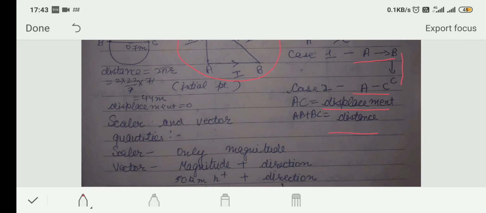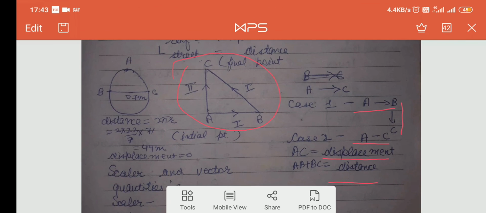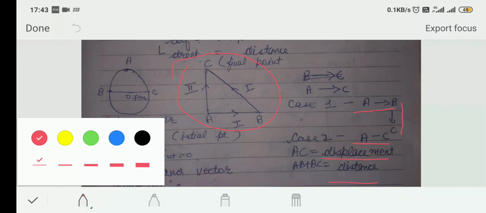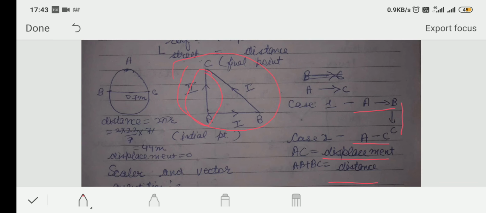Here you take this direction, in the second case you took this direction, and that's why you have written AC as displacement. So displacement depends on direction, but distance does not depend on direction. I'll explain more examples of it.